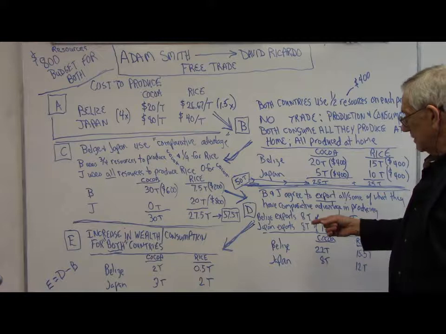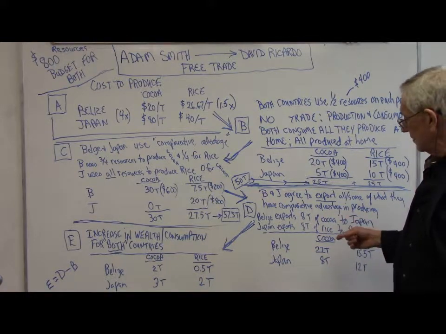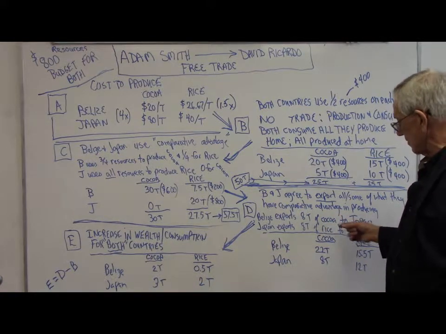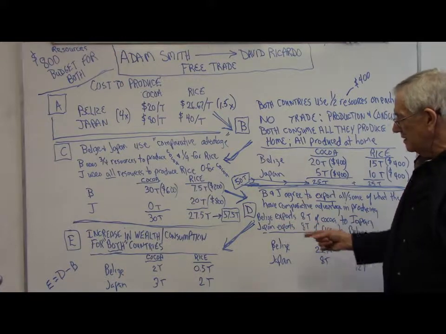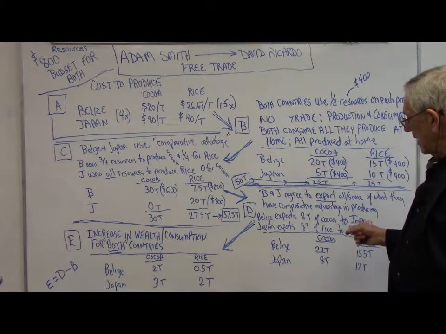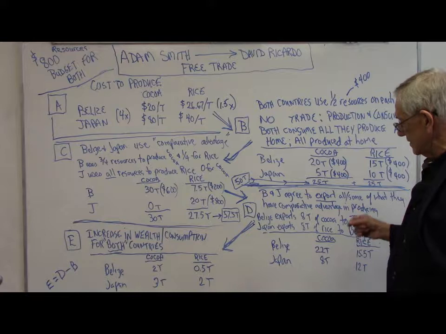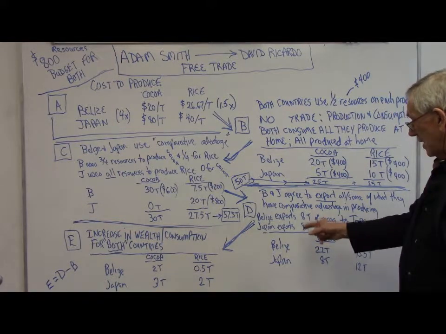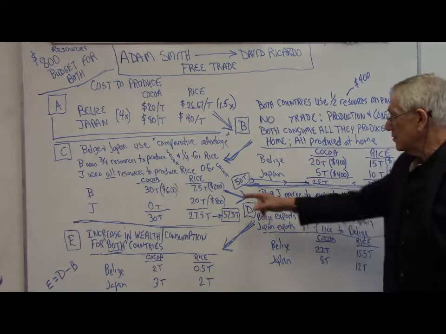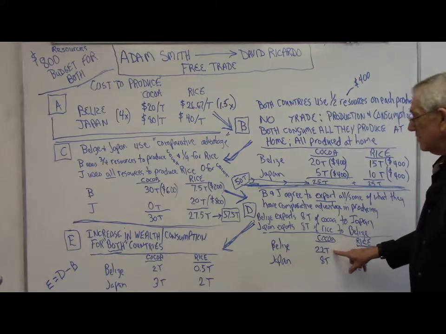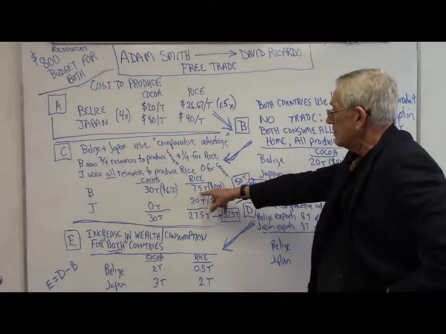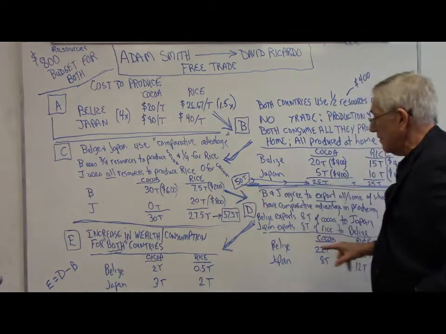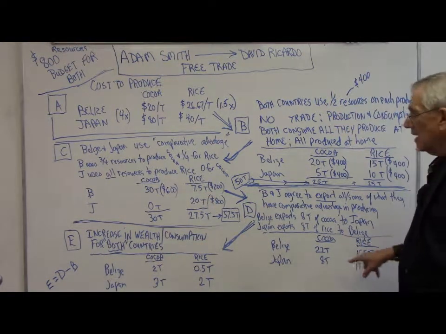Belize is going to export what it has the comparative advantage in, and Japan's going to export the item that it has less of a comparative disadvantage in. So this is what happens, 8 tons. 30 minus 8 is 22, 7.5, and they're getting rice, so 7.5 plus 8 is 15.5.